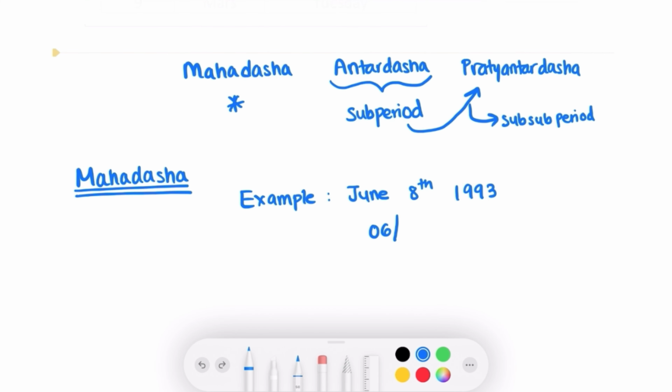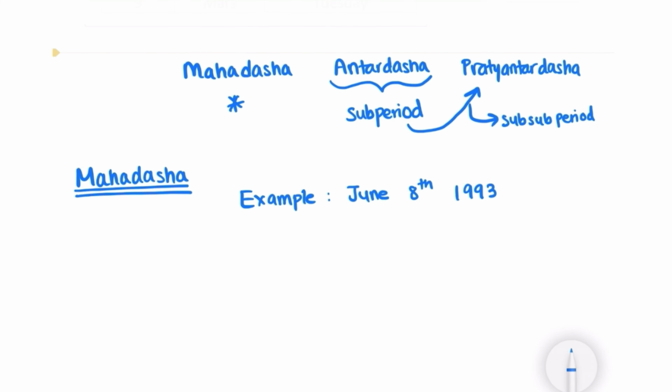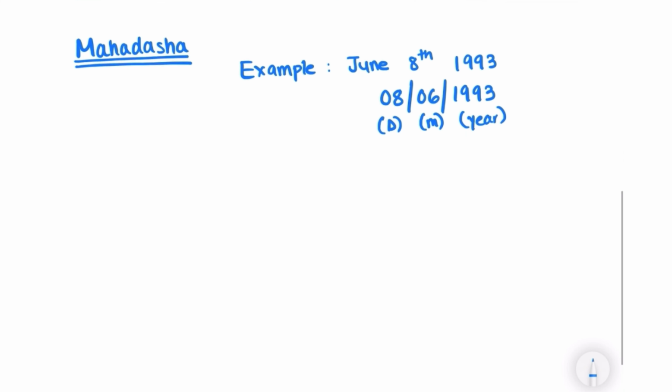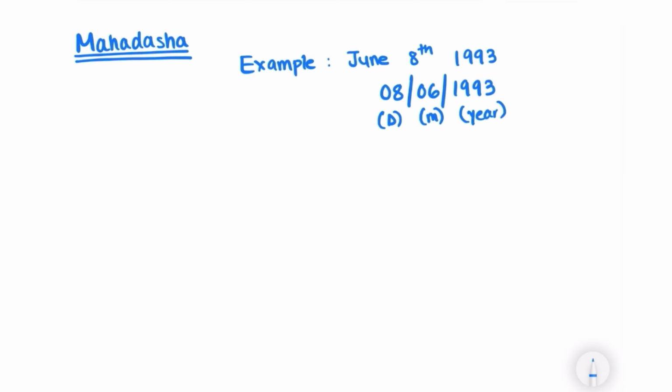Now let me write it the other way. So this is the date, this is the month, and this is the year. I like to label it underneath, that way people don't get confused.